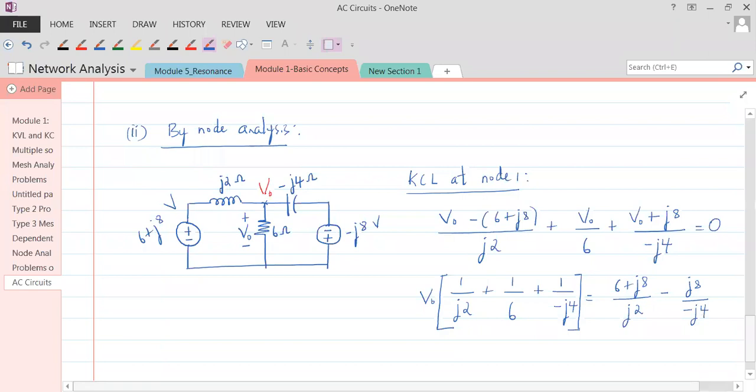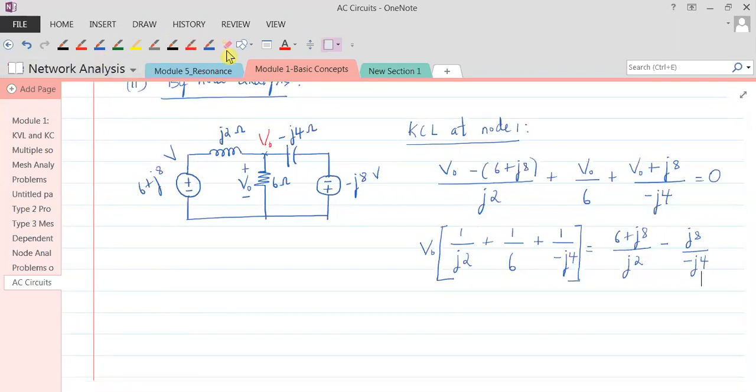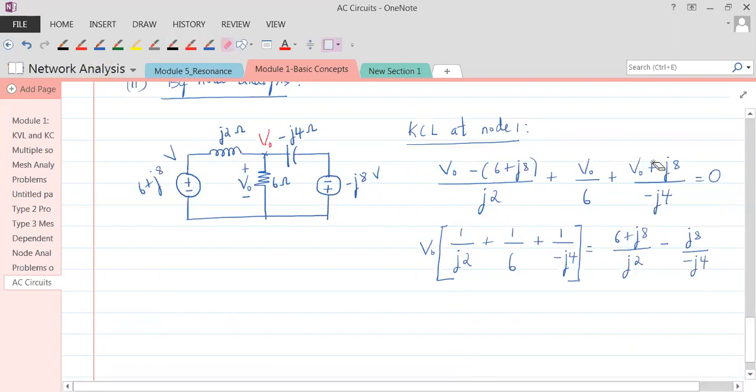Or what would happen with this? It would be minus, or this would also be minus. Check this. What's happening with this? Is it minus j8 or what happened here? Okay, see here, everybody. I have made a mistake here. It is minus of minus, but there is already a minus with j8. Everybody just observe here.